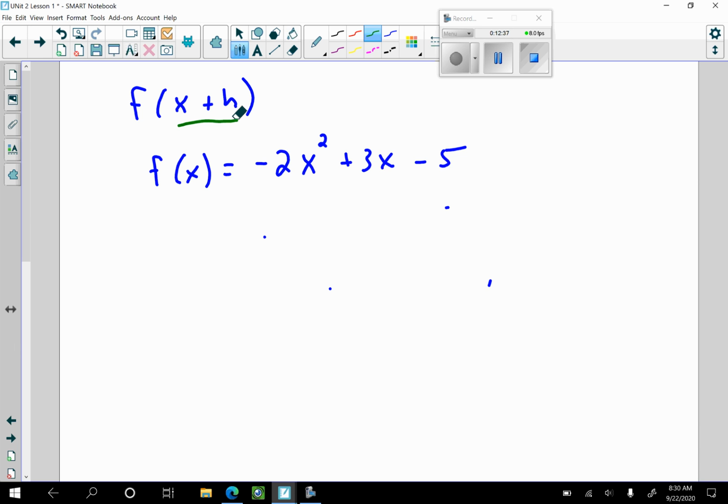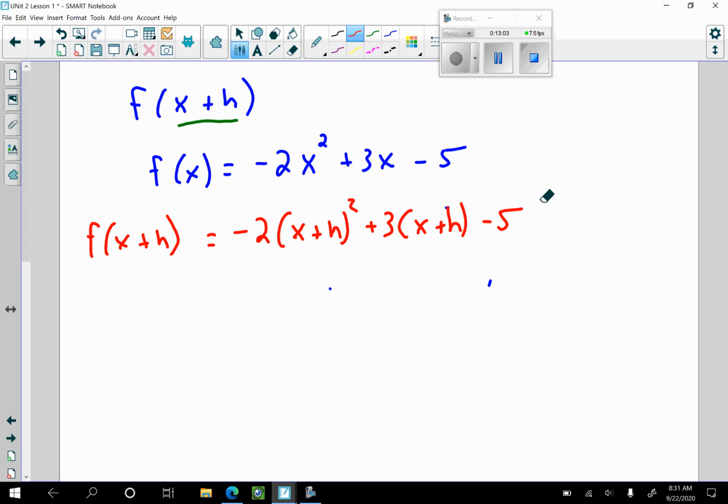The x plus h is the input of that function. So f of x plus h is going to be negative 2 times x plus h squared plus 3 times x plus h minus 5.